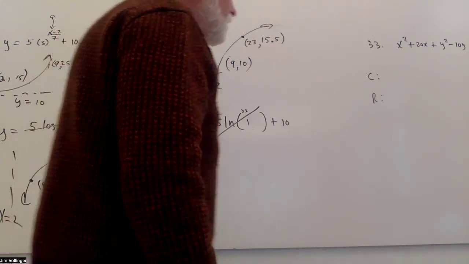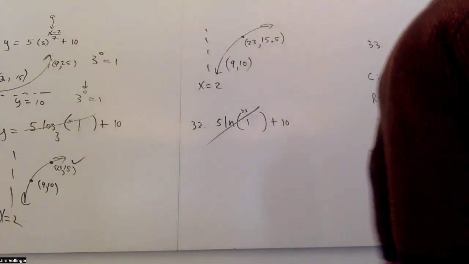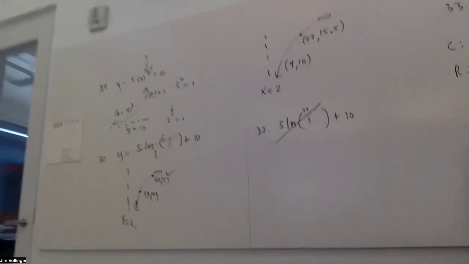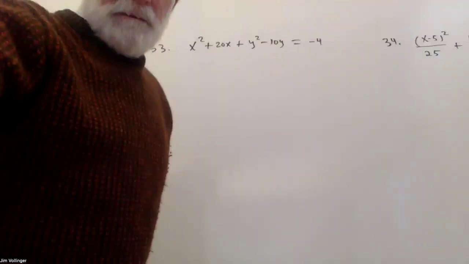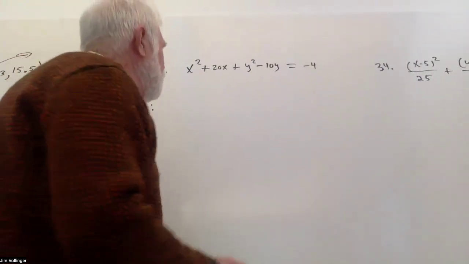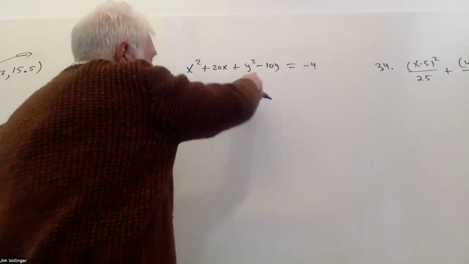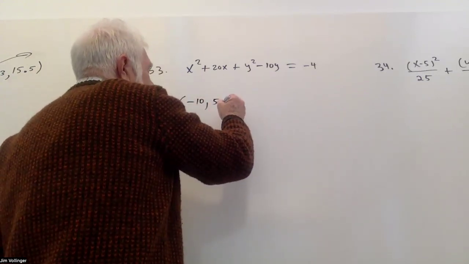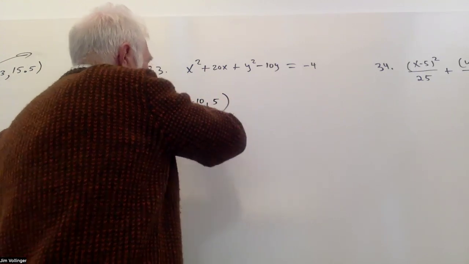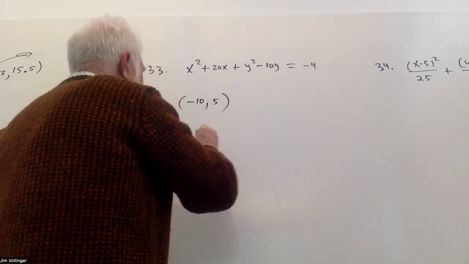All right. I already did this problem once before, so there's no reason to do it, except it's on the board, so we might as well. All right, so if you complete the square, then you're gonna get negative 10 is the x center, positive 5 is the y center, and so that's 125 minus 4 is 121.